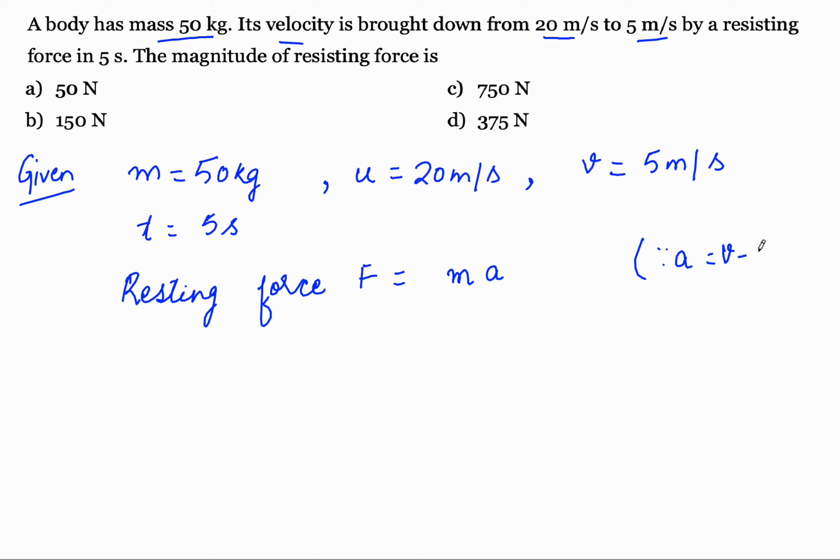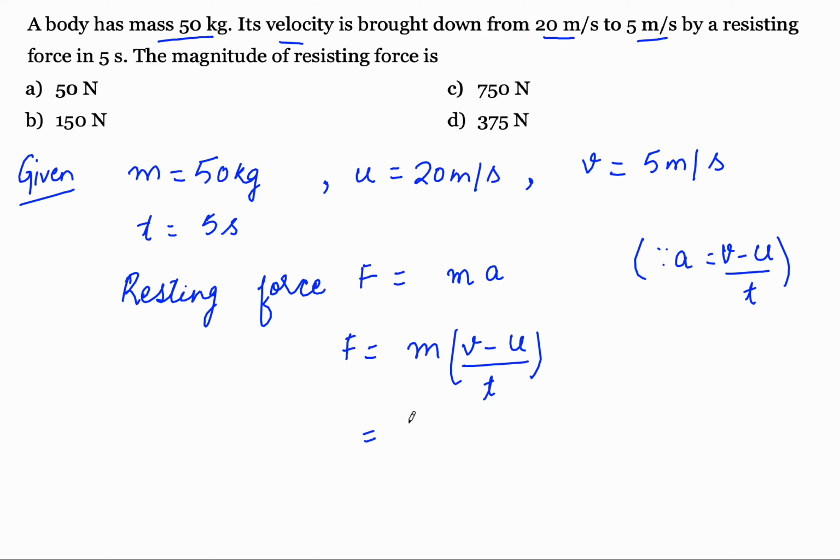So final velocity minus initial velocity divided by time is called acceleration. So I'm going to write down the same formula: force equals mass times (final velocity minus initial velocity) divided by time. Now I only have to put in the values. All the values are in their SI form, so no need to convert the units.